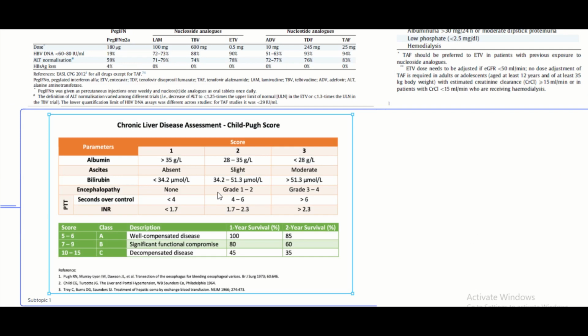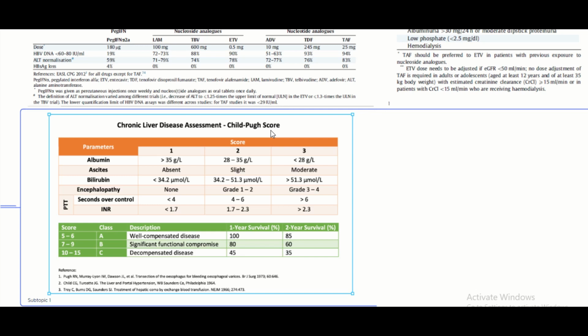TAF has no dose adjustment for adults and adolescents, unless the creatinine clearance is less than 15. And that's what we need to remember about TAF and TDF. This is important because they have really big side effects, and we need to try and have adequate doses inside our blood.